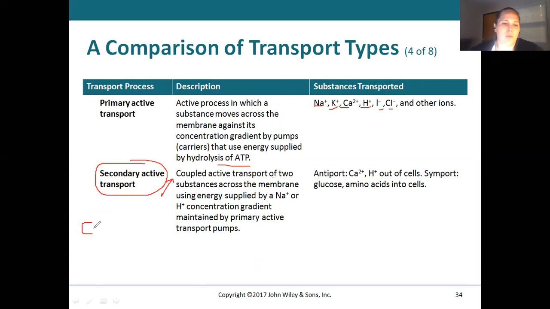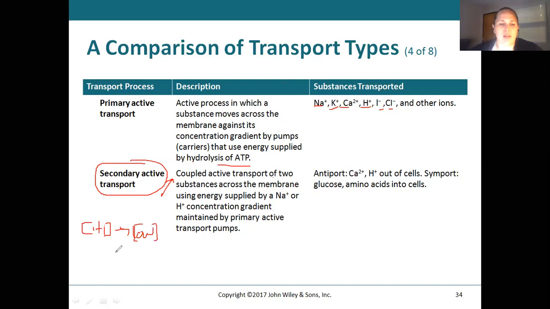So on one side, you've got that concentration going from high to low, and that's the concentration gradient that you're using, but that's coupled with the movement, let's say, of something going from an area of low concentration to high. So the only way that can happen is through the coupling of this other concentration gradient.